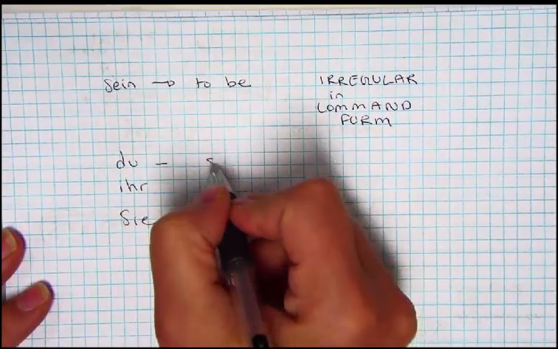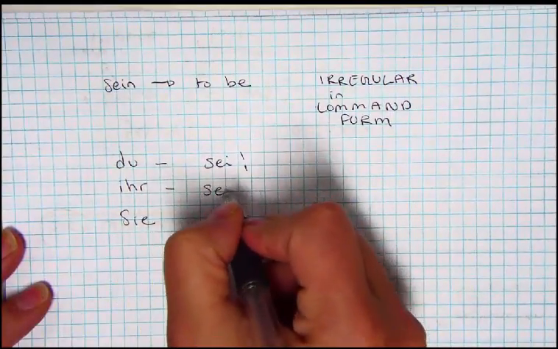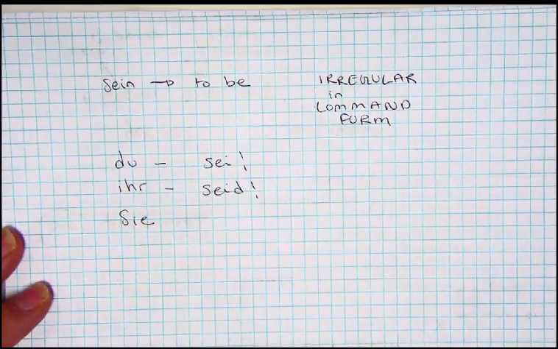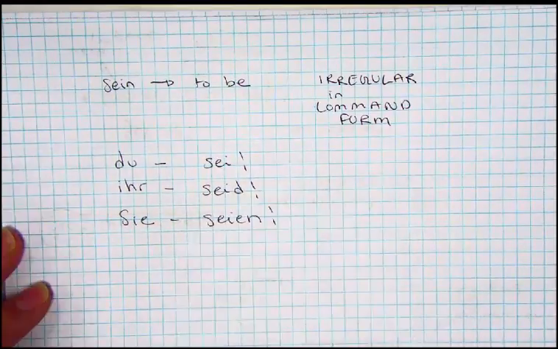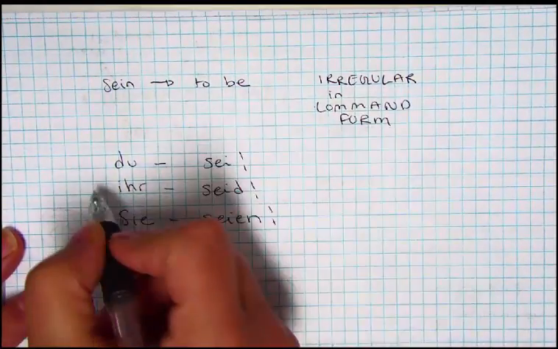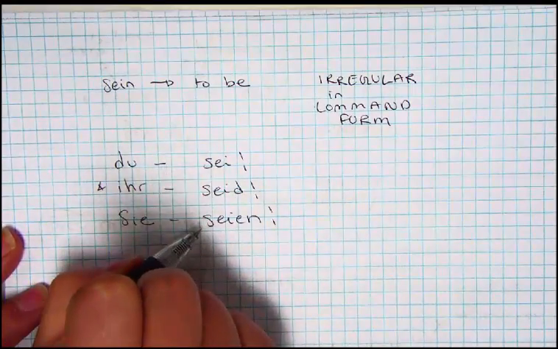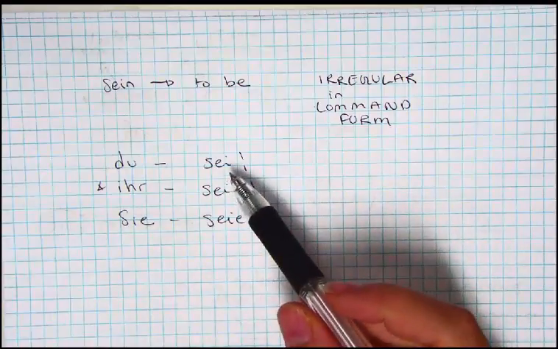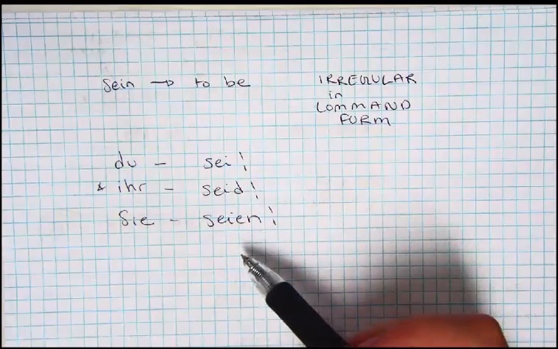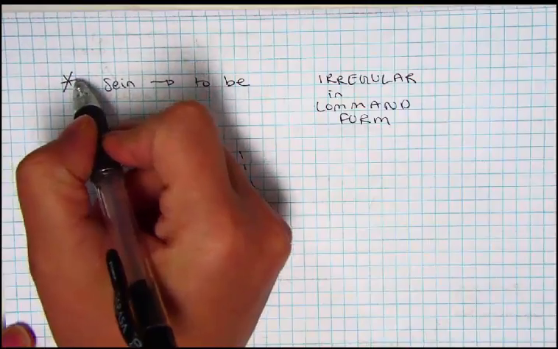And they are sei, that's S-E-I, seid, S-E-I-D, and Sie, seien. Now of those, of course, this one looks the same as your conjugation, ihr seid, but sei and seien are completely irregular. So you have to remember that if you're going to use the command forms for these two, you're going to say sei and seien. So have that in your head as an irregular form.